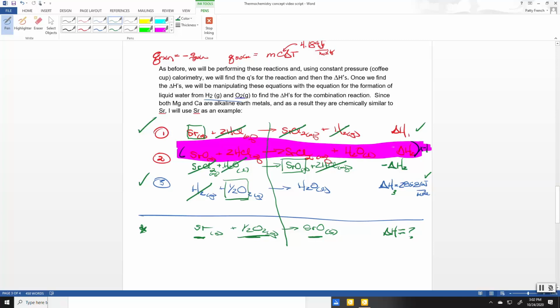So my water from the reactant side in the second equation cancels with the water from the product side in the third equation, and I am left with strontium plus a half oxygen becomes strontium oxide. So now I can add together delta H1 plus a negative delta H2 plus delta H3, and that will give me my overall enthalpy for the target equation.